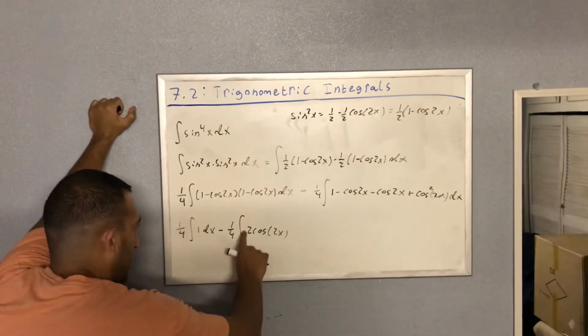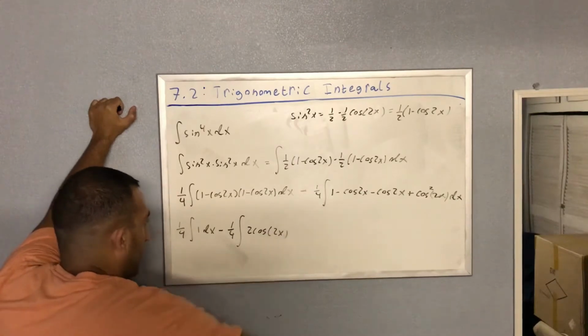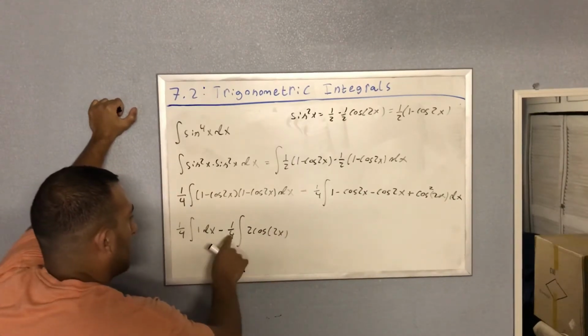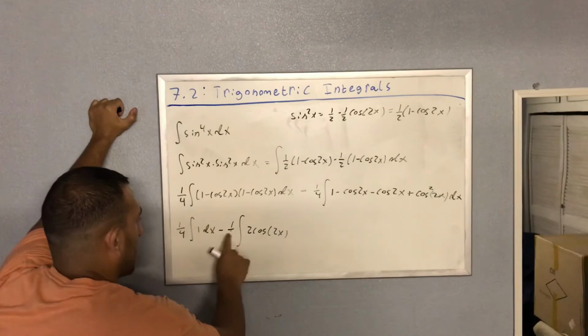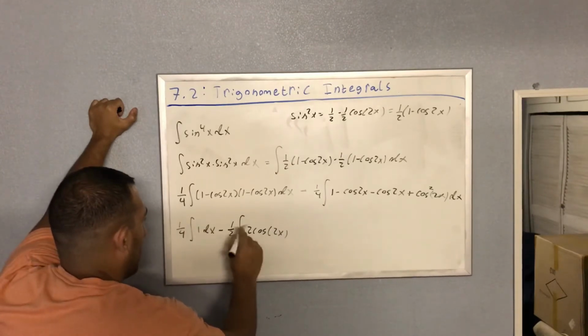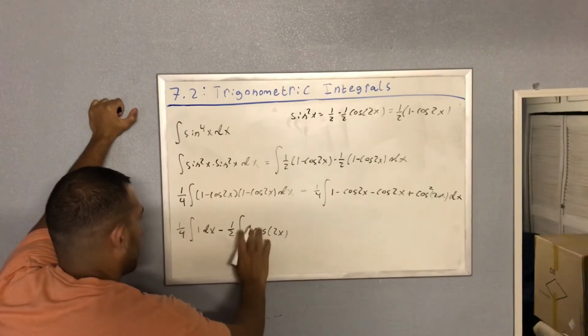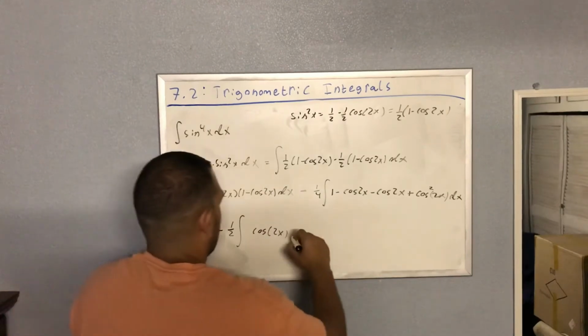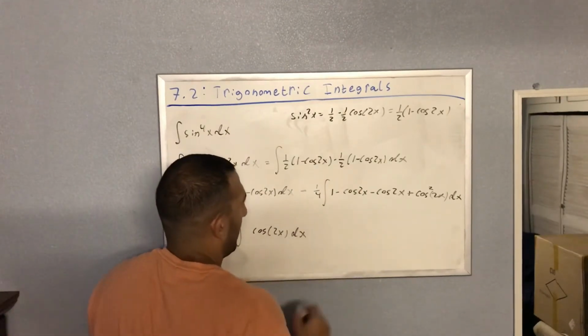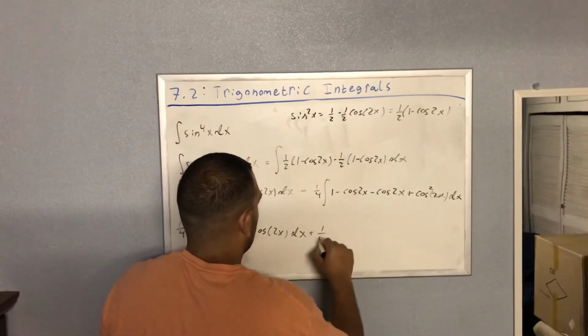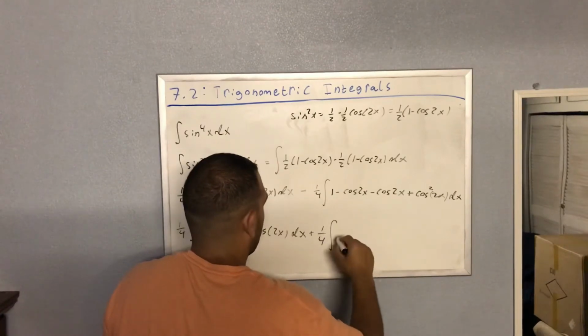Oh, sorry, the minus sign I already took into account. And then when this 2 floats out, 2 times the 1/4 will actually just give us a 1/2. So there's that. And then this one, still just hanging out.